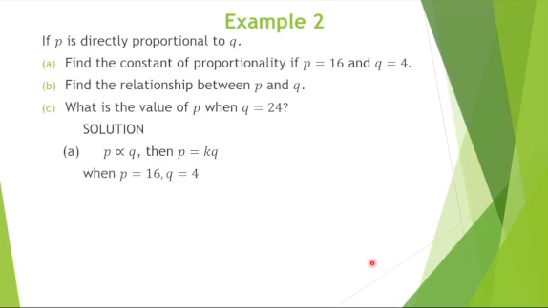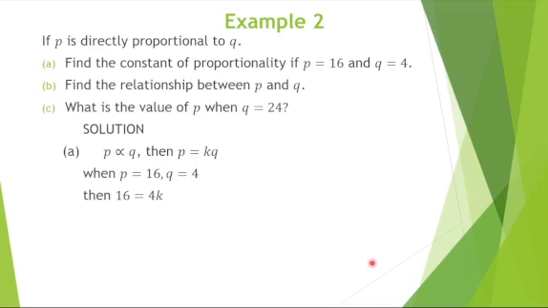Of course, we know the value of P to be 16 and Q to be 4. Then we do our substitution. So that simply means 16 is replacing P and 4 is replacing Q. So we have 16 is equal to 4k.